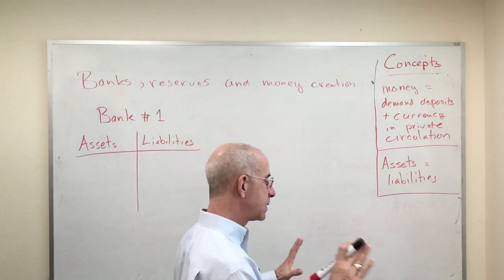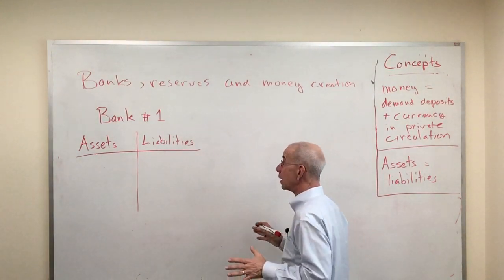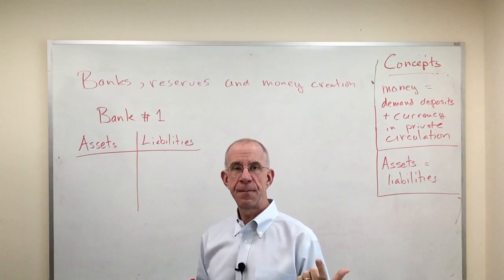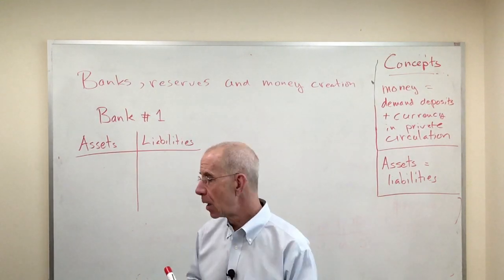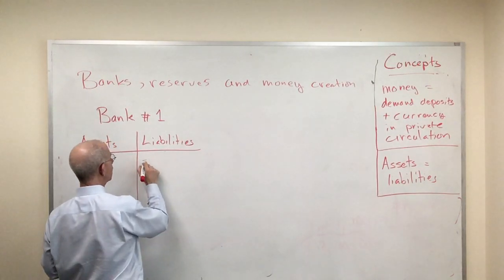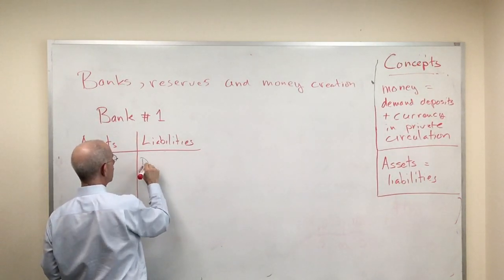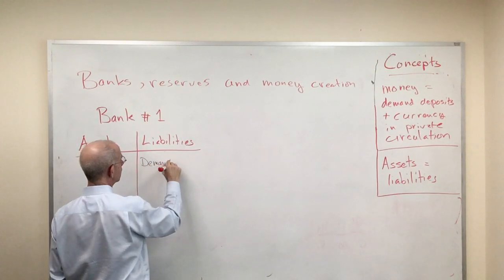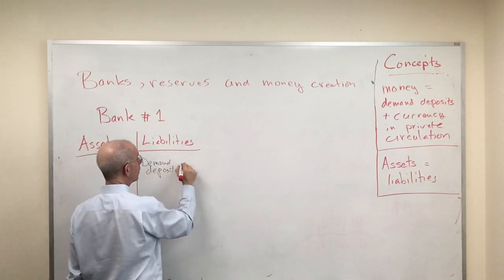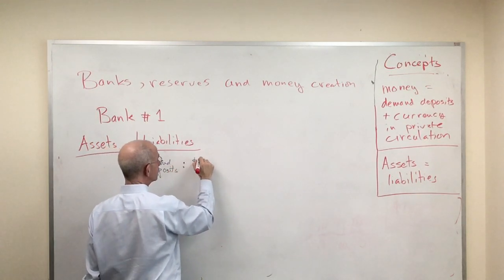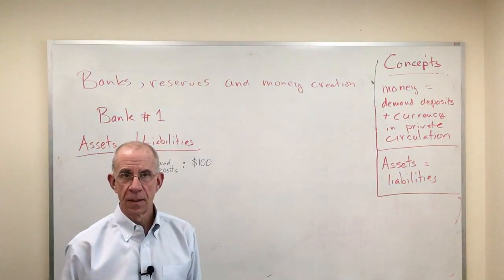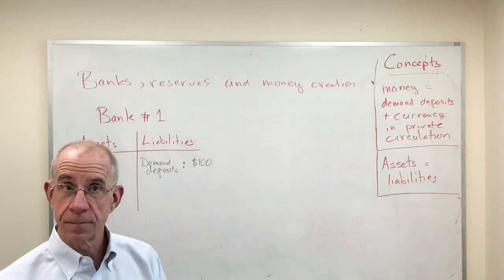So let's think about a very simple story where we've got initially just one bank, and that bank receives $100 of demand deposits, or $100 from private individuals who've deposited these funds in the bank into a checking account.